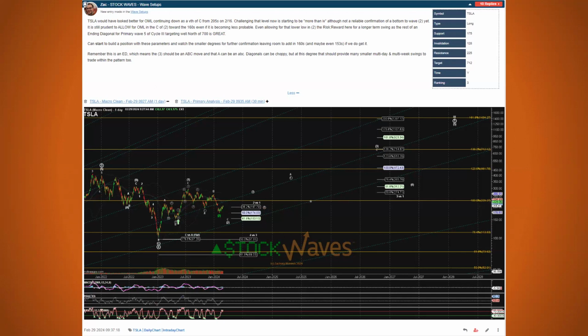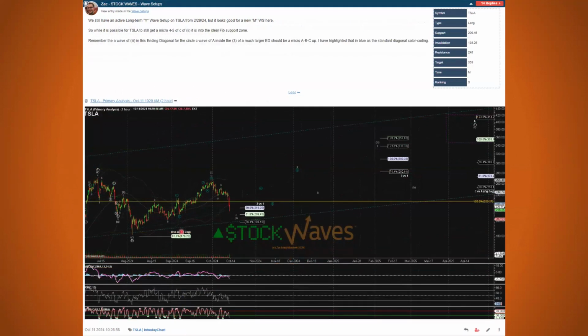So getting a roughly 95% move just up to that A wave off of that wave 2 low.